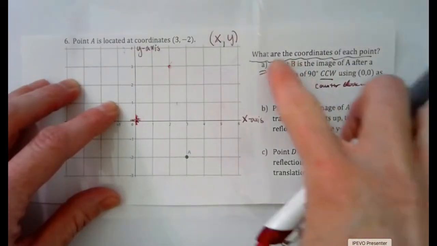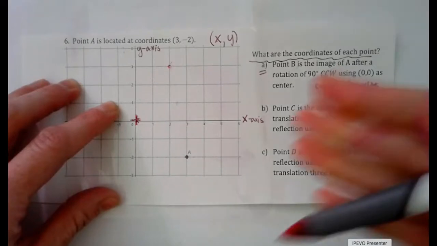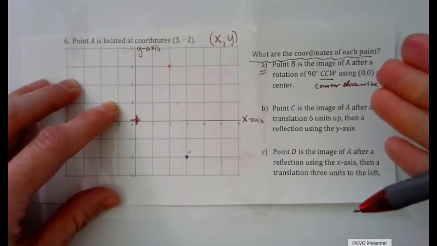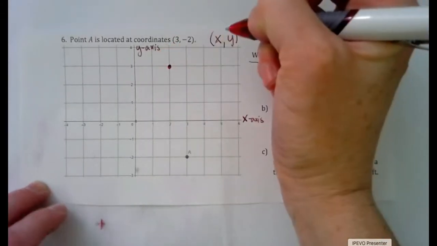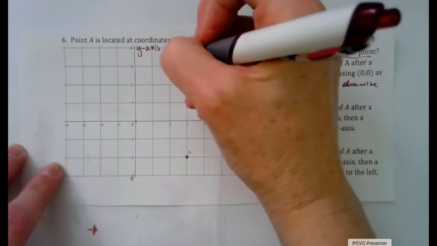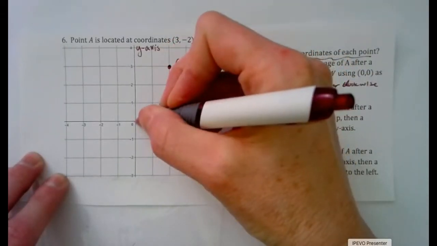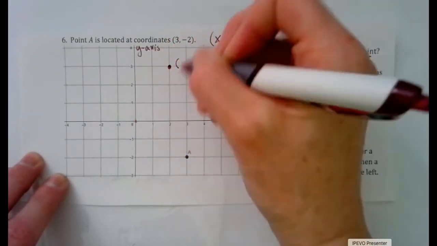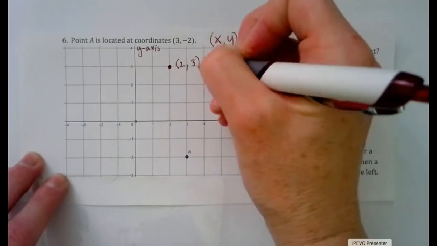Now here's the thing, the directions ask for the coordinates. So you have a couple options for how you want to answer this on the paper. If you want to mark the graph, that's fine, but you need to label the coordinates. Start at the origin. My x coordinate is 2. My y coordinate is 3.